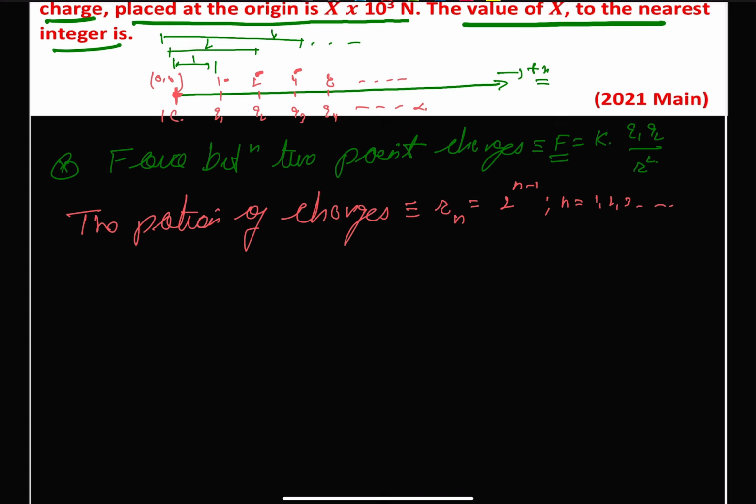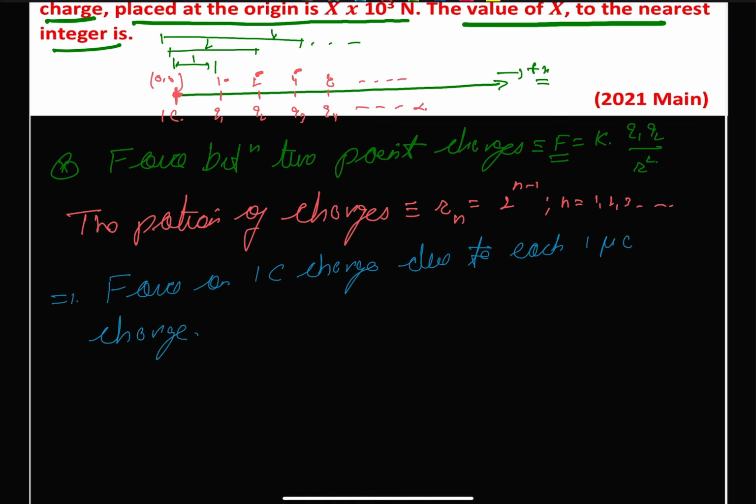So we can say that the force on 1 coulomb charge due to each 1 microcoulomb charge, we can write, will be equal to F of n, which is k times the charges 1 into 1 into 10 to the power minus 6, and the value of r is 2 raised to the power n minus 1, whole square.